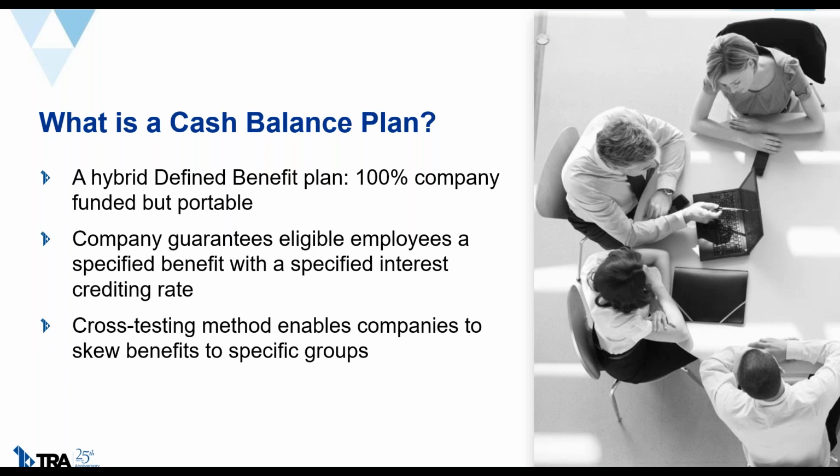A specified interest rate is in the plan document that says what the employee, i.e. participant, is going to be credited with each year. This is an important point. Defined benefit plans, as you may already know, state we're going to give you X% of your pay per month for the rest of your life starting at retirement age.